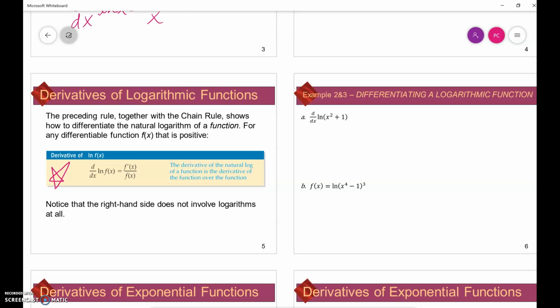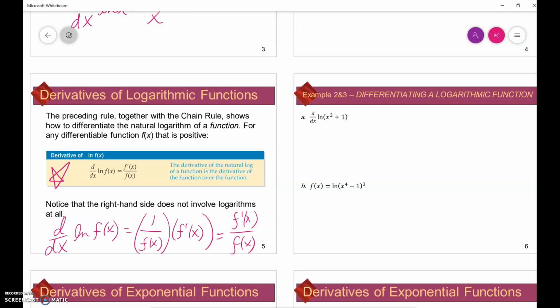Because what you're doing here, I'll show you the breakdown. When we take that derivative, using the chain rule, the derivative of the outside is 1 over f of x. So there's the first part. And then we chain on the derivative of the inside, and we can put it all together as f prime of x over f of x. All right, so that's where that's coming from.